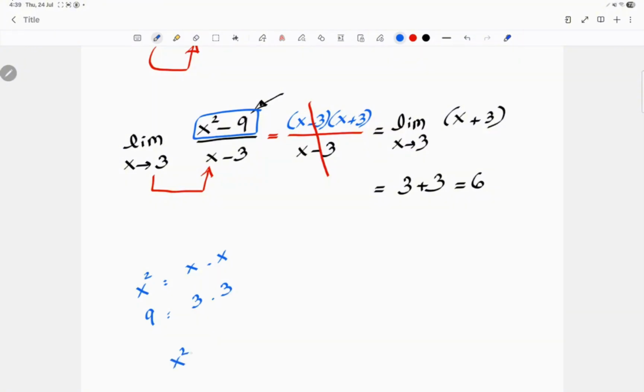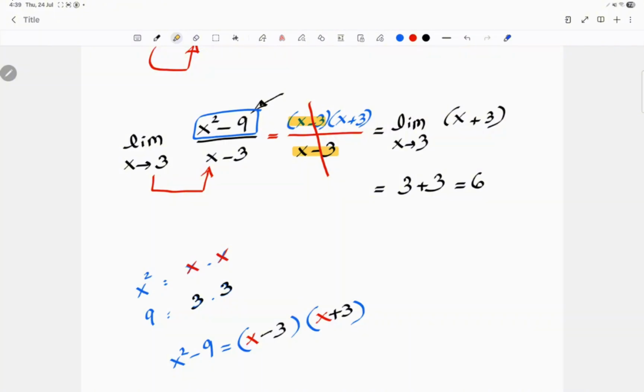That means if I have x squared minus 9, it will be x and then the other x, then 3 and the other 3. But one time minus, one time plus. And now this one and this one are both x minus 3.